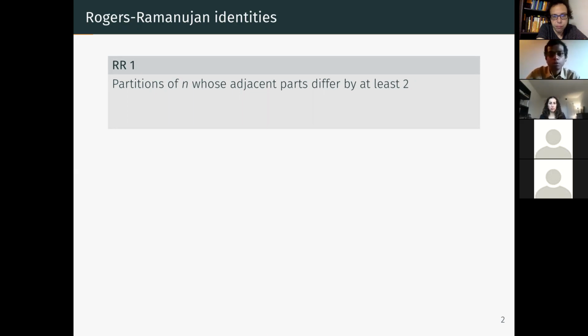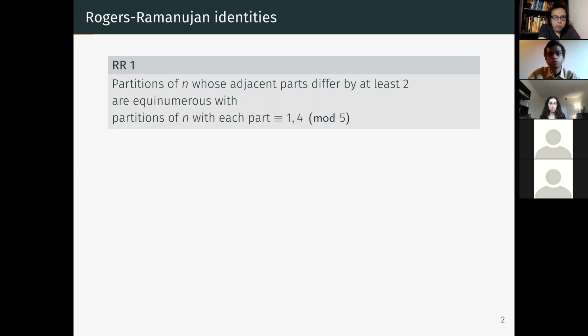It turns out that the number of such partitions equals the number of partitions of the same n where every part is congruent to 1 or 4 mod 5, or plus or minus 1 mod 5. Now there is no 5 on the left-hand side of this identity, but there is miraculously a 5 on the right-hand side. The two sides are almost miraculously equal.